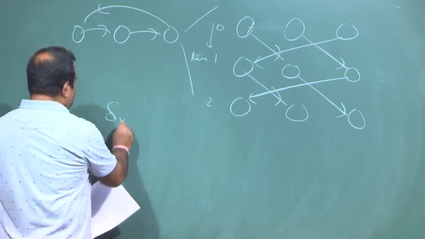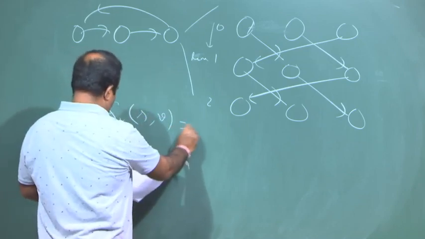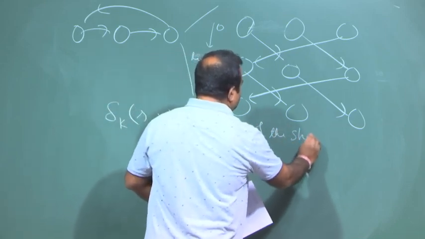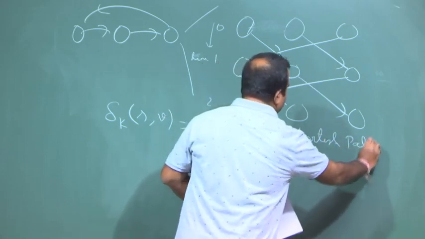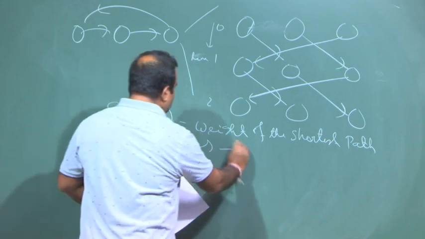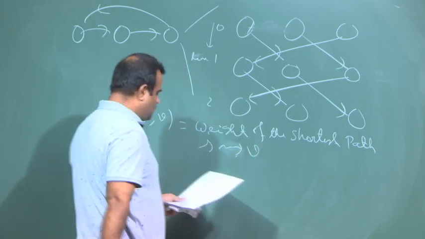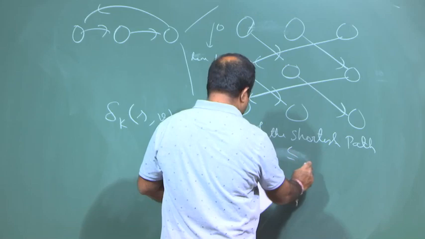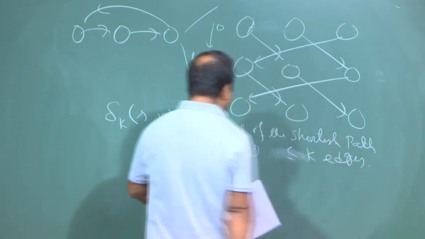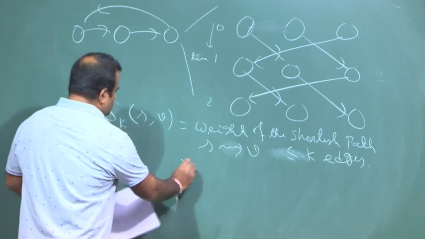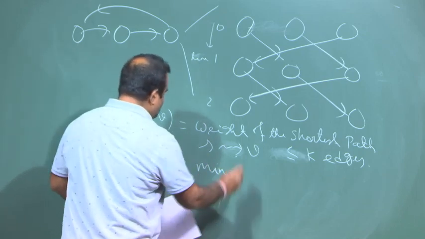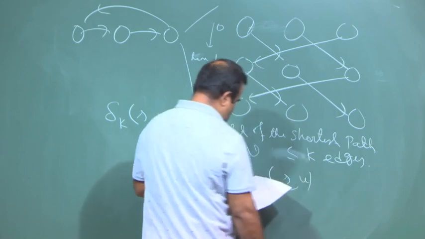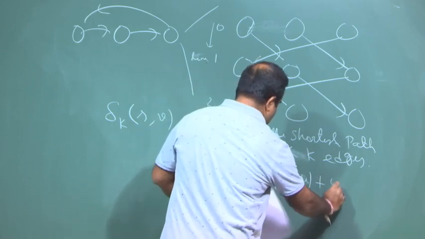So, if you write delta k of s comma v as the weight of the shortest path from S to V which uses less than k edges, so the number of edges in that path is less than k, then we know the formula: the minimum of delta of k minus 1 of s comma u plus w of u v.